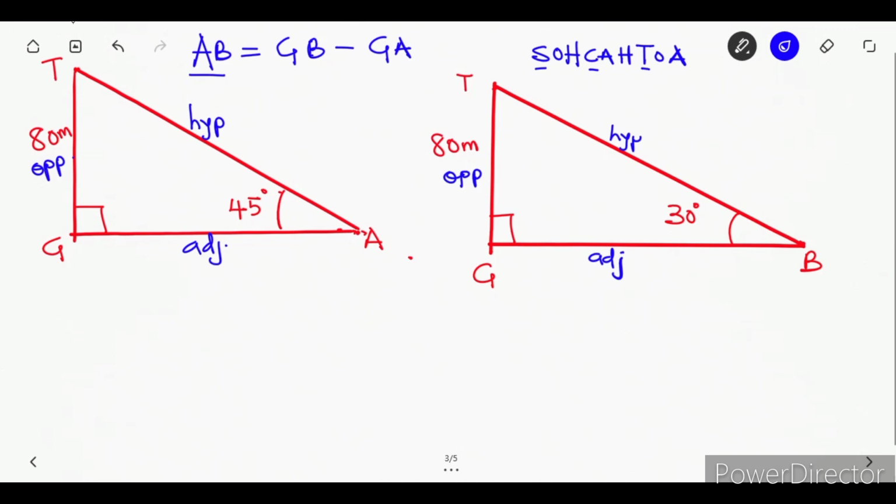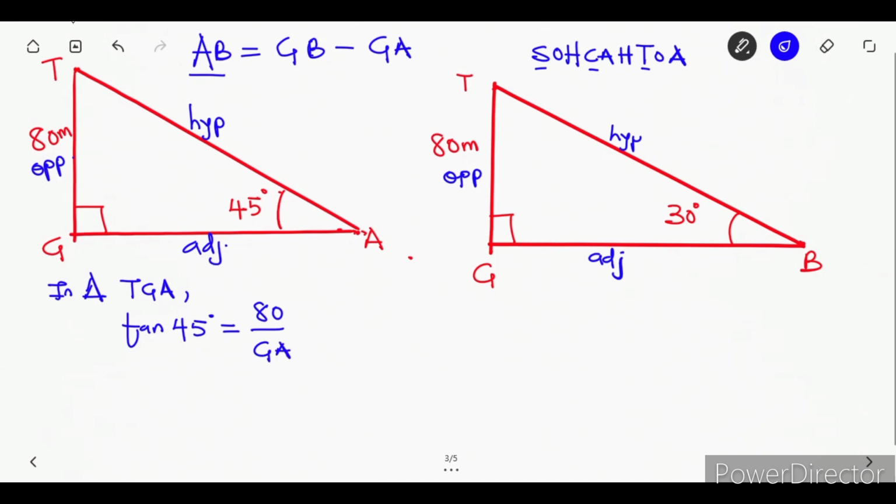So in triangle TGA, it's a right angle triangle, so I can use SOHCAHTOA. I have tan 45 degrees equals the opposite side, 80, over the adjacent side, which is GA.